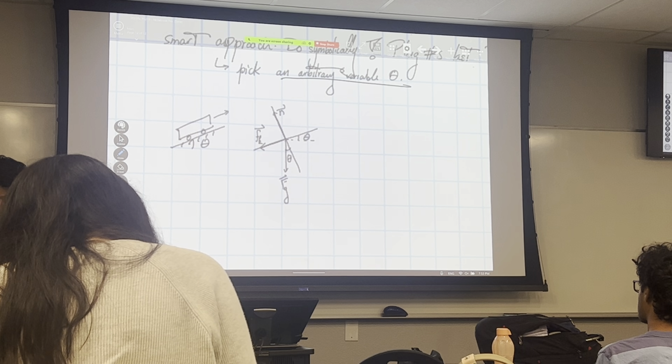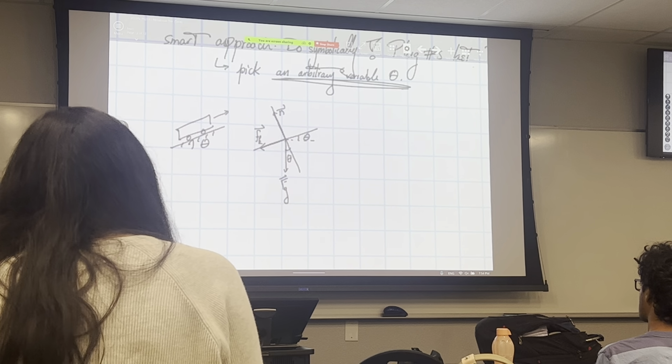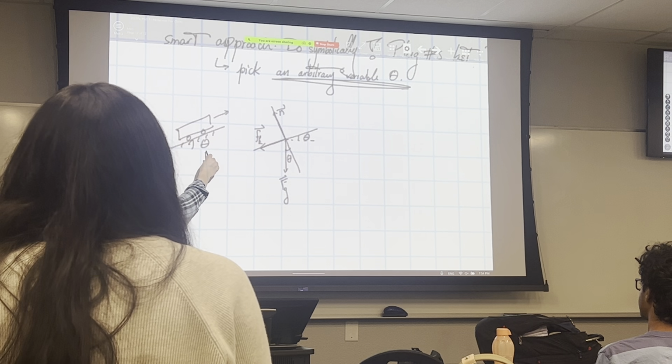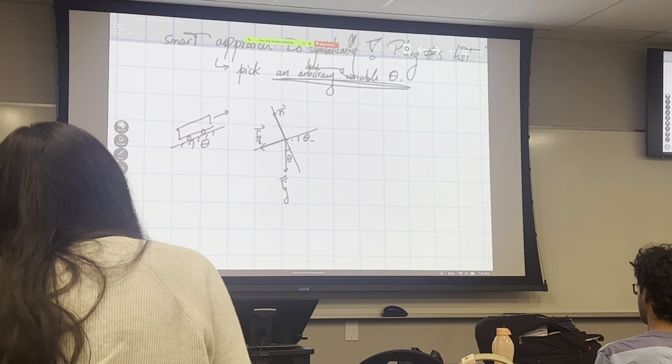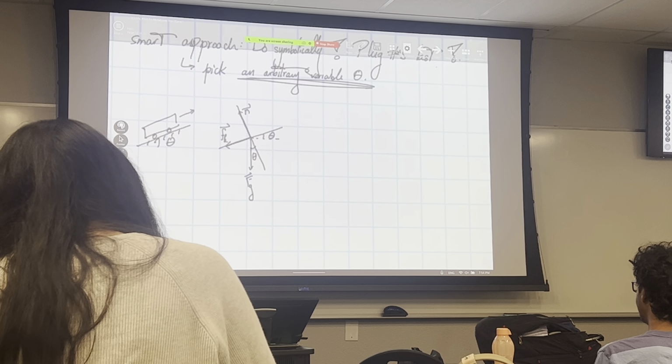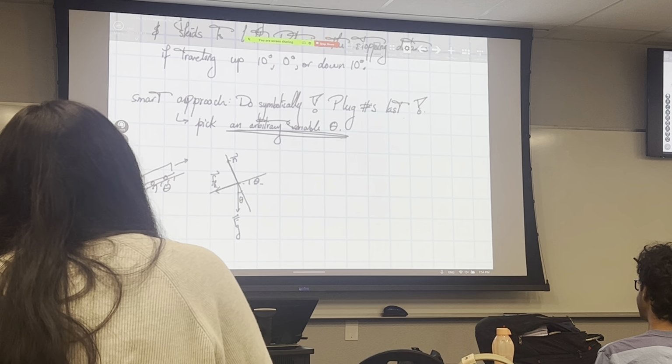And so this is what is meant by pick an arbitrary angle theta. You deliberately choose a scenario in which theta is actually there. Then we can do our full analysis.